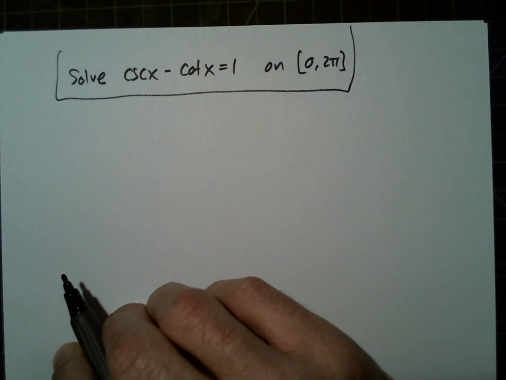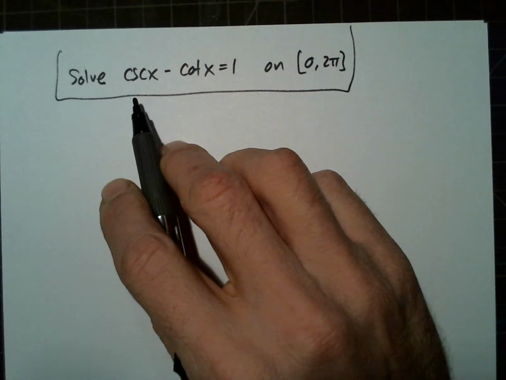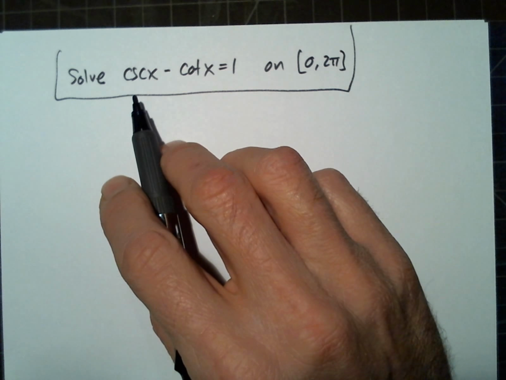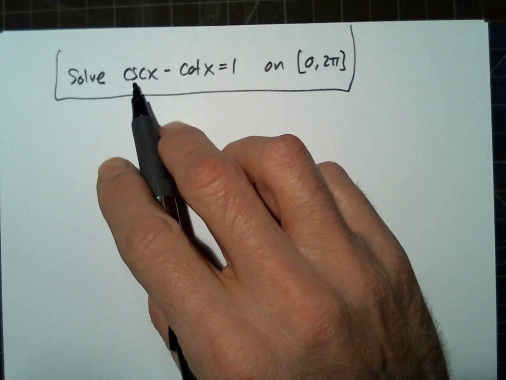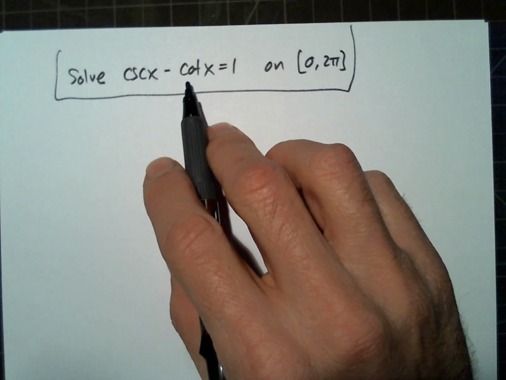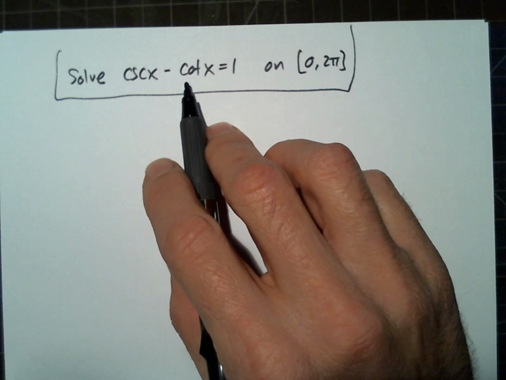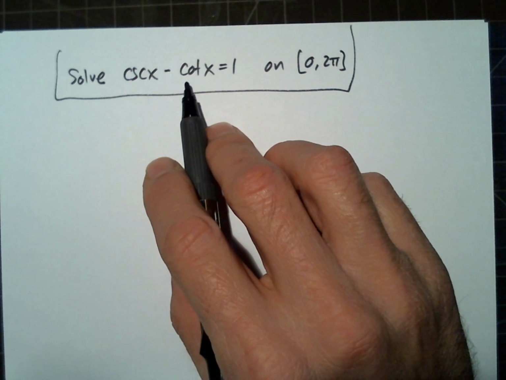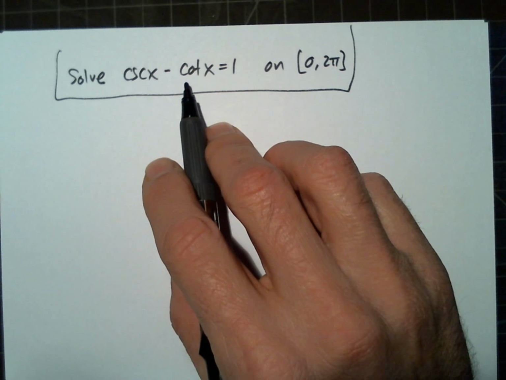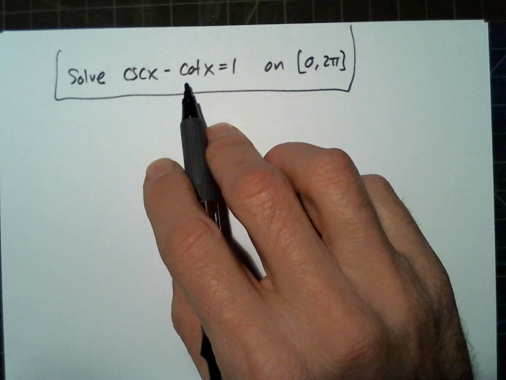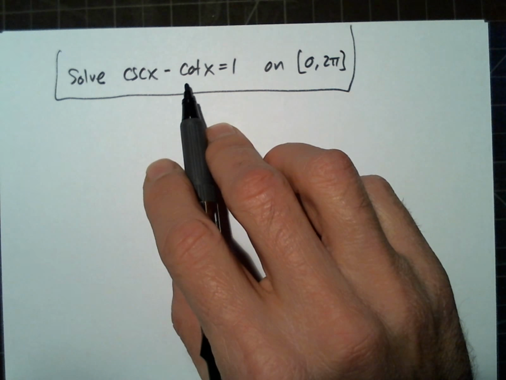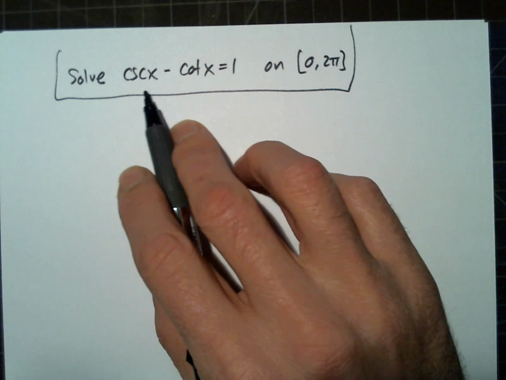Here we'll have to get a common denominator first. Cosecant will be 1 over sine, and cotangent is cosine over sine. So we could get a common denominator.